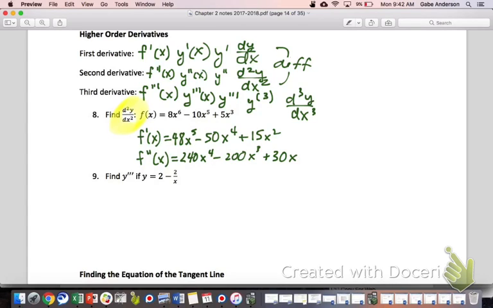Well done. Okay, so that's the second derivative. And you'll find that there is a lot of meaning, both analytically as well as practically, to the second derivative. So we'll use that quite a bit. If you guys haven't already looked at it, take a look at number 9. Let's see if we can find y triple prime if y equals 2 minus 2 over x.